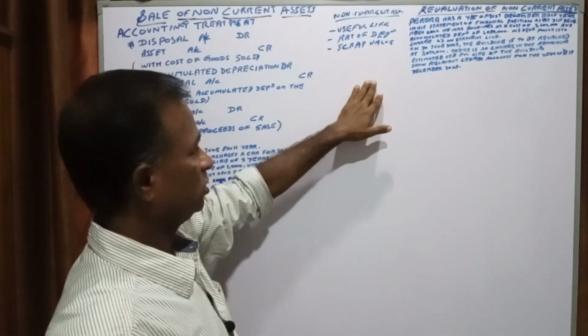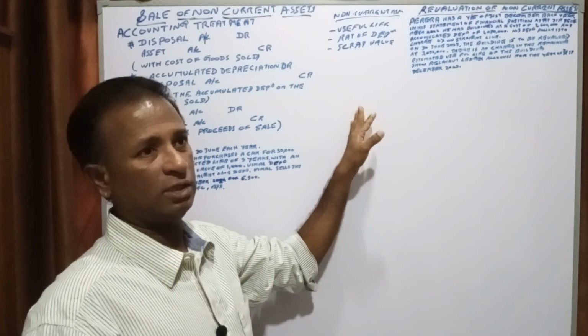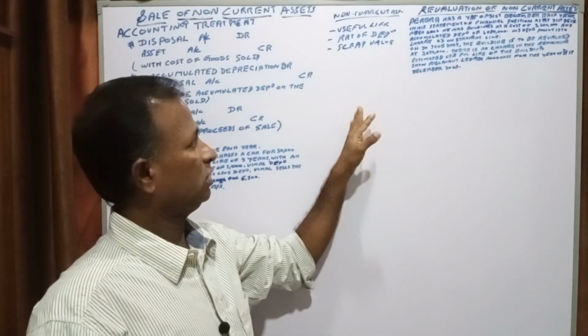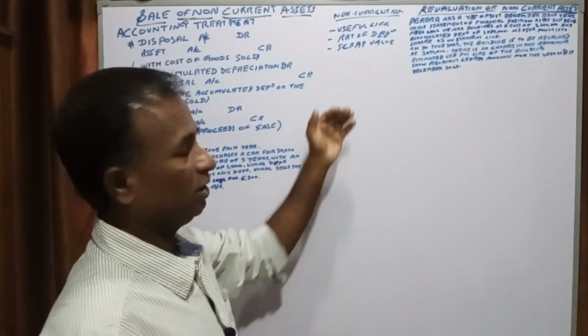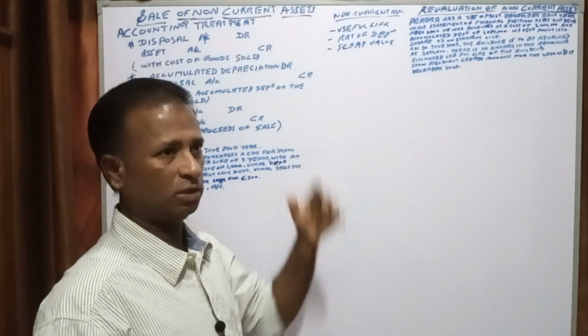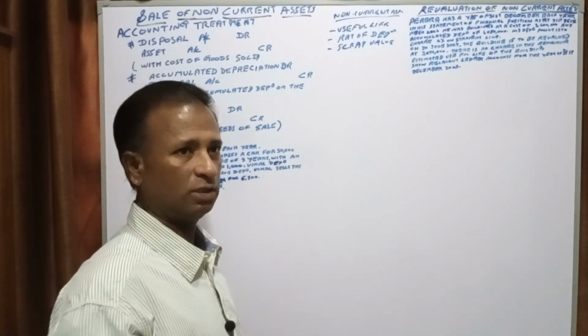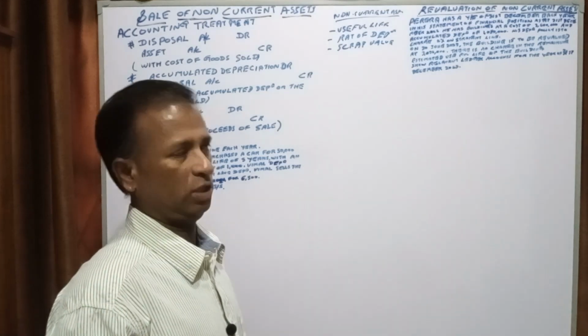There is a specific time period of usage. For vehicles, it may be 10 to 20 years or 5 to 10 years. It depends on your usage.